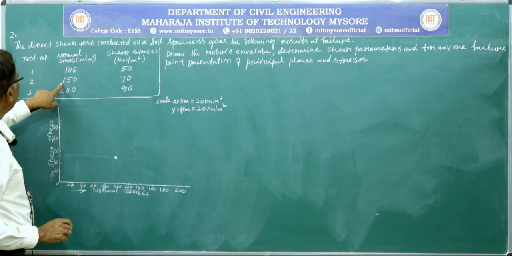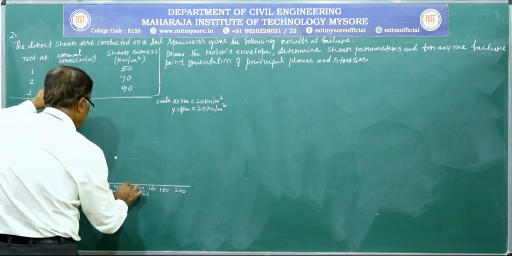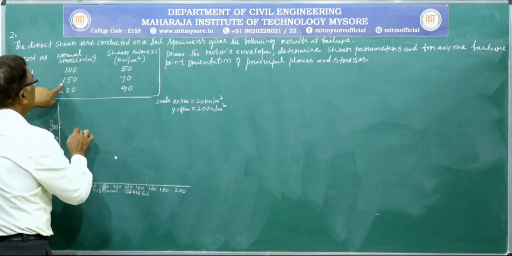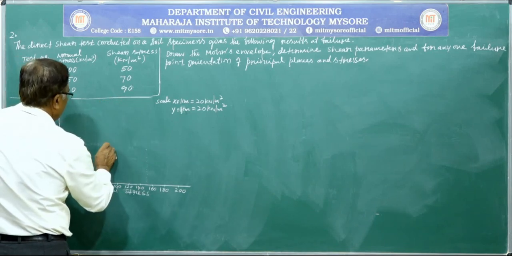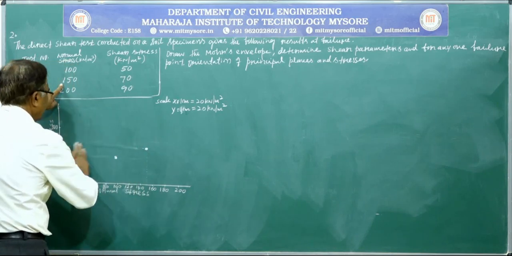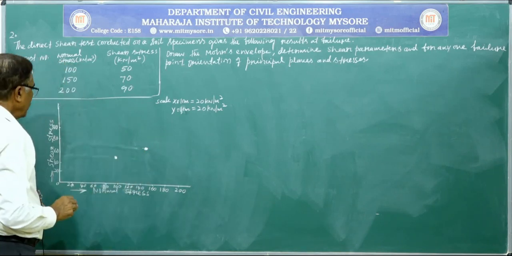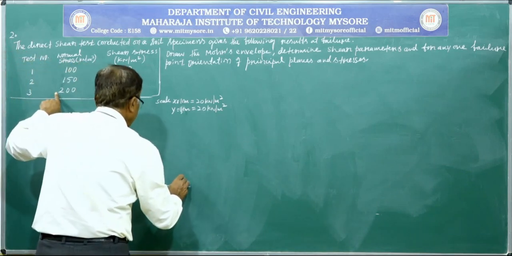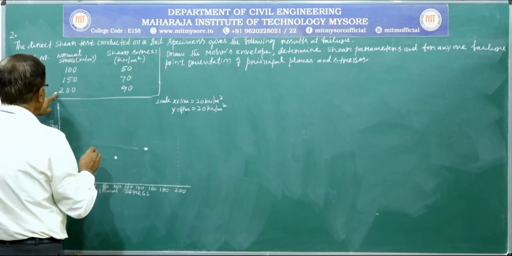Next, for the second trial, the normal stress is 150. Come somewhere here, 120, 140, 150. Then shear stress is 70. Next, for the third trial, the normal stress is 200 and shear stress is 90.